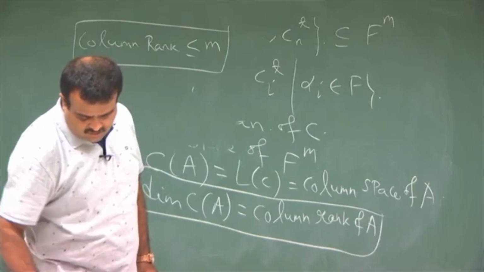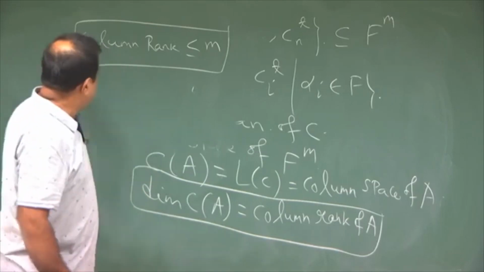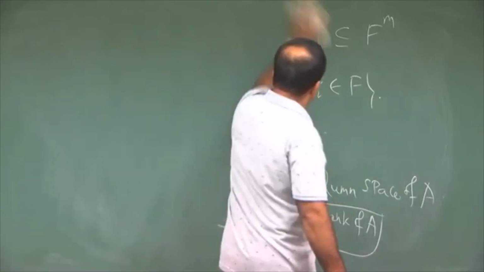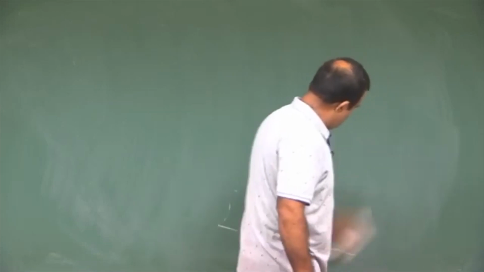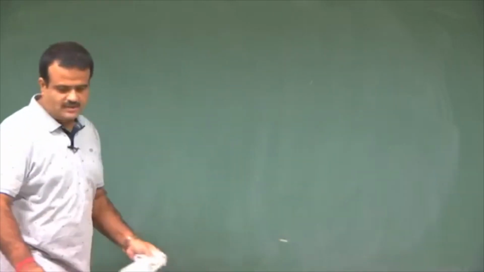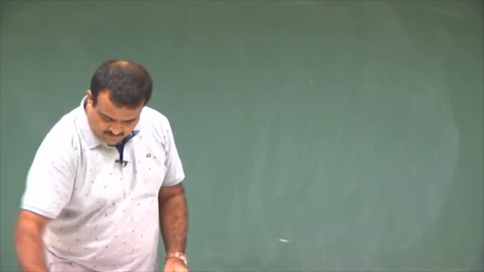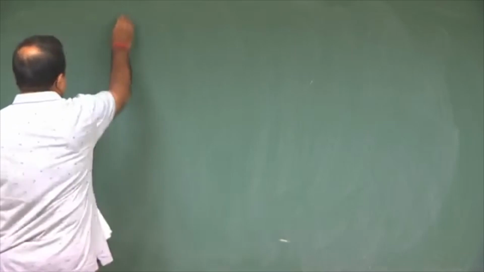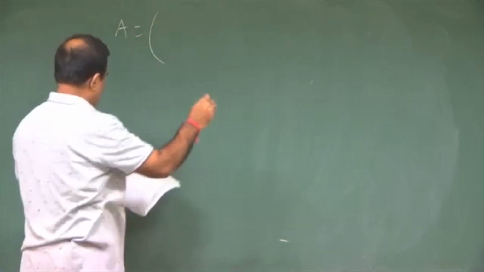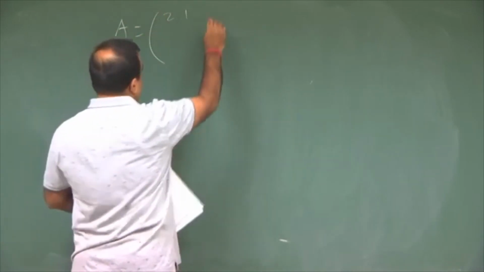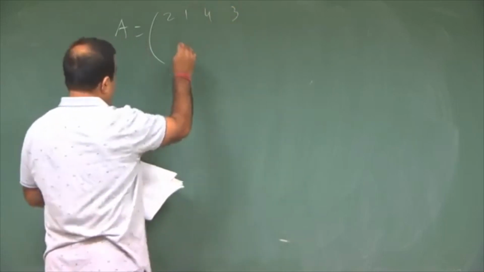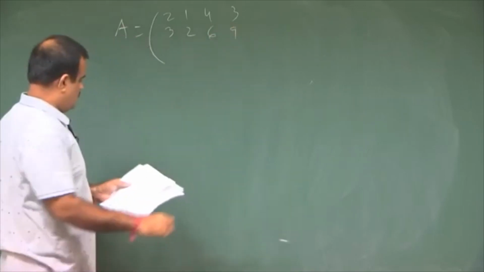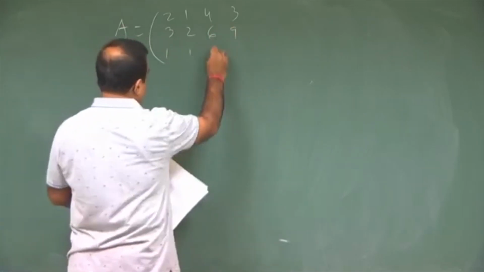Yeah. So, let us take the same example where we found the row rank of that matrix. Let us take this example, the same matrix: 2 1 4 3, 3 2 6 9, 1 1 2 6.